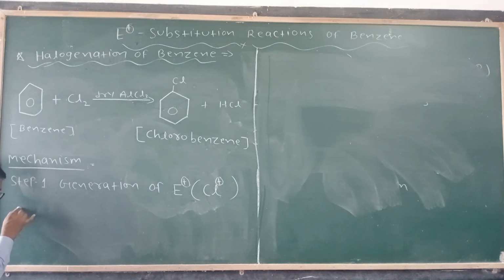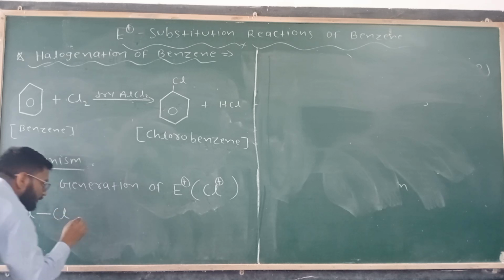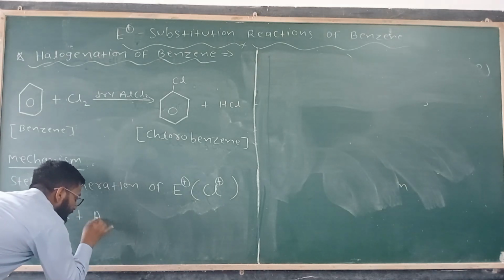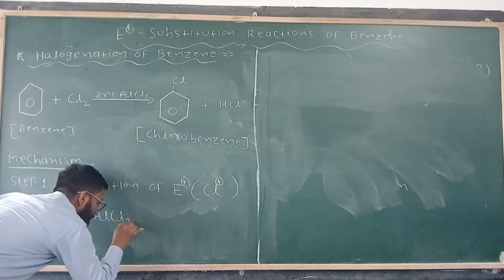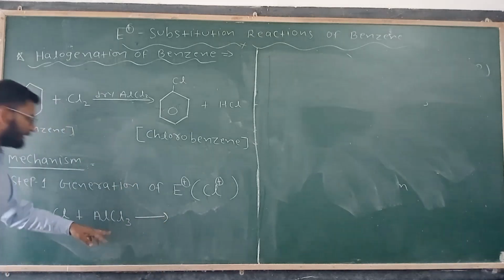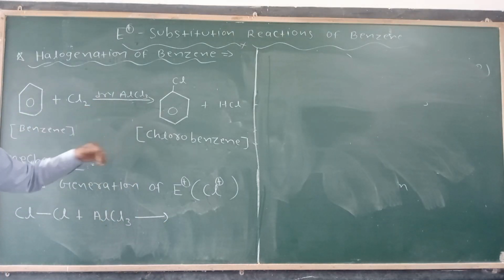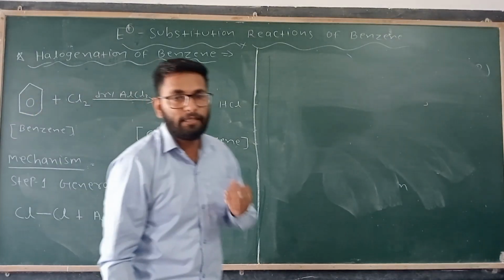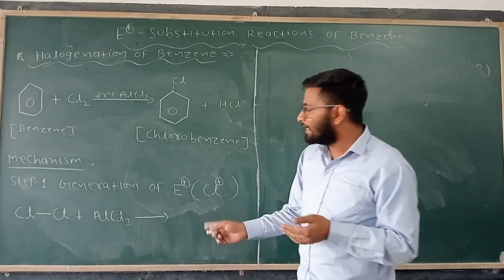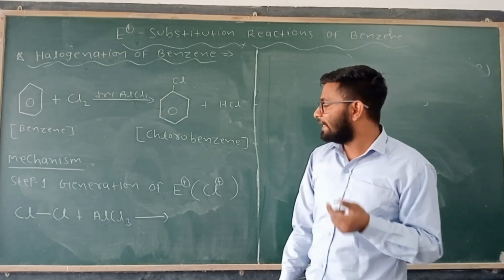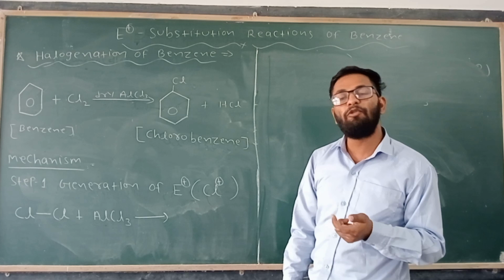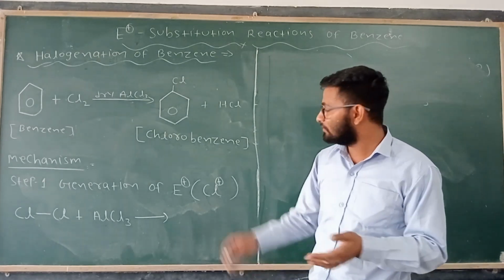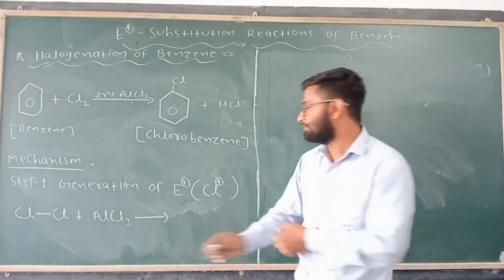So here is chlorine, Cl2. Here is dry AlCl3. Dry AlCl3 is a Lewis acid and it acts as a catalyst in this reaction.